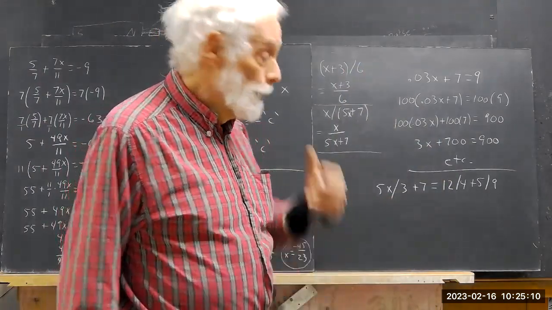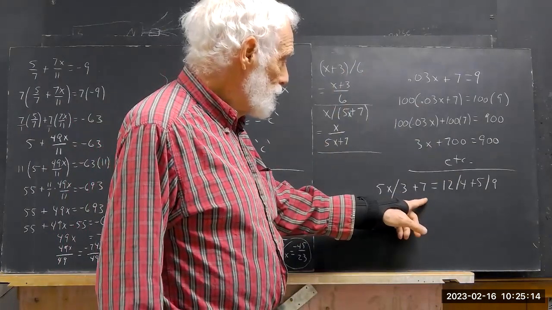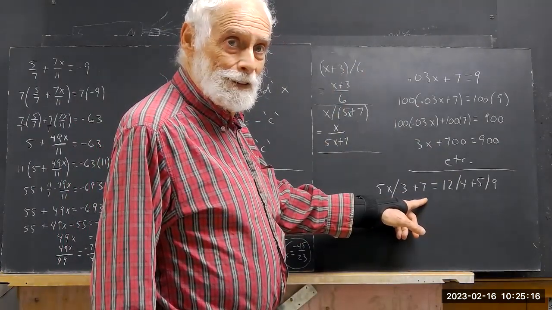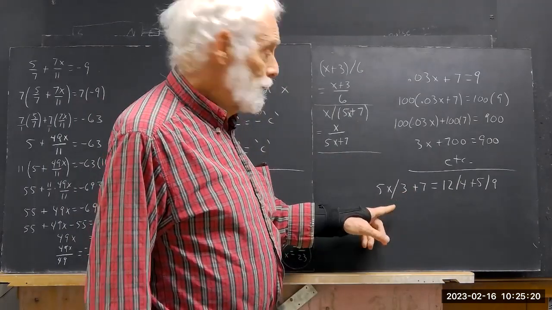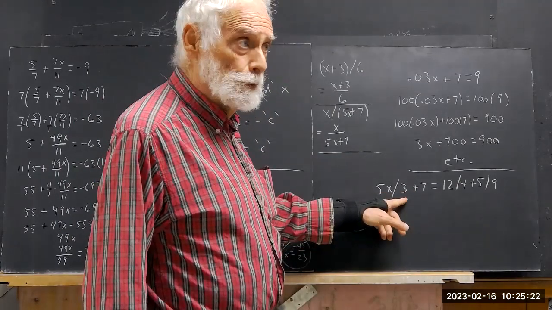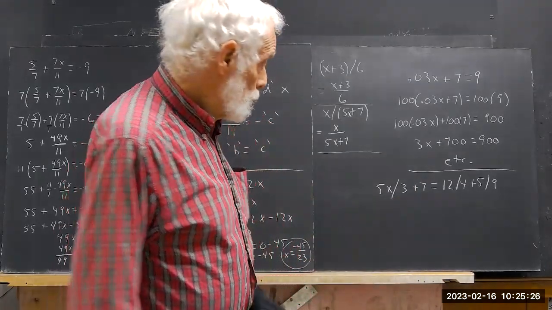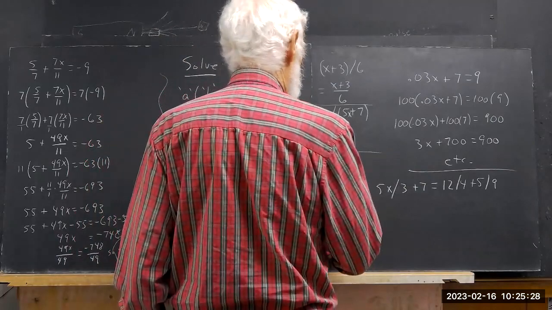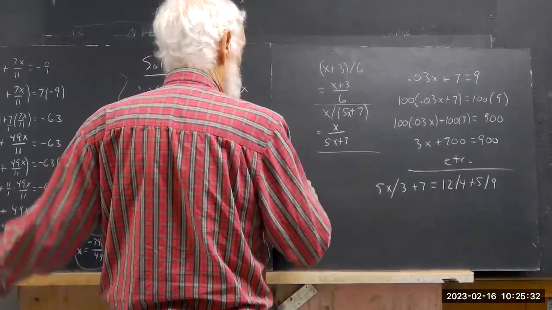Okay. But we want to make sure we understand why we write it out. If we do the 3 plus 7, well, we did the addition before we did the division. You got to divide 5x plus 3, then add 7 to the result. Okay. So this means, what's the words here?